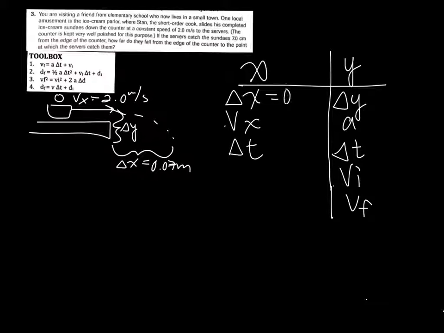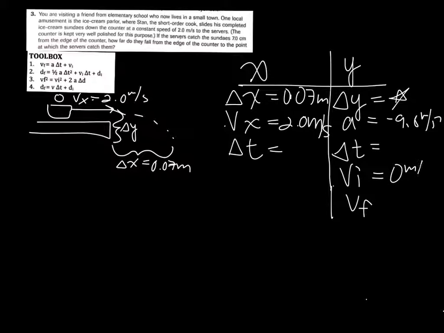Delta x, 0.07 meters. Velocity in the x direction, 2.0 meters per second. Time, don't know. Change in y, that's our whole goal. Acceleration, negative 9.8. And time, still don't know. Initial velocity, 0. Final velocity, don't know, don't care.